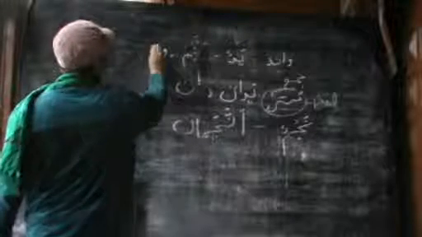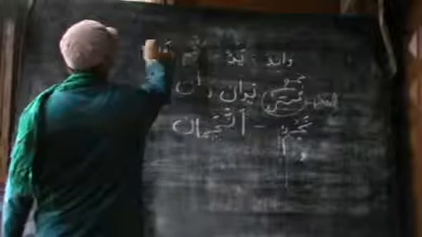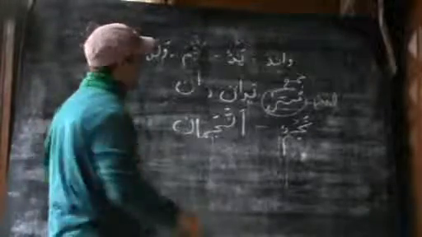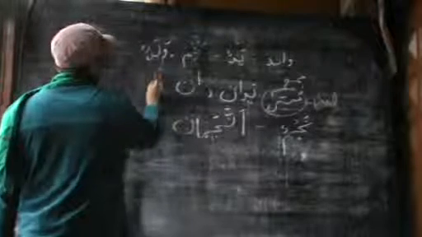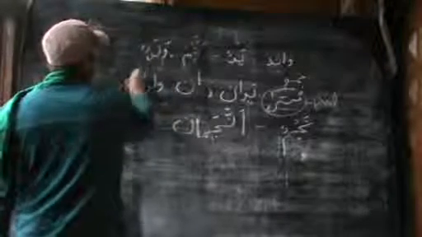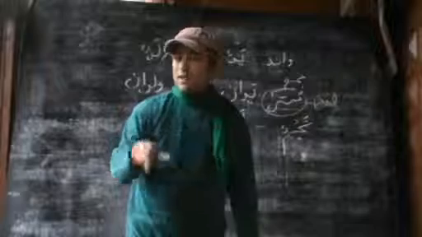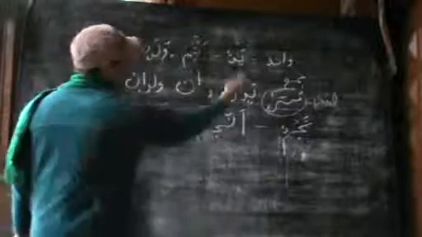Now we have more examples. Waladun means one boy. How can we say two boys? We can say waladani, or al-waladani, with al to make it like saying the in English. Now how can we say the plural of waladun?